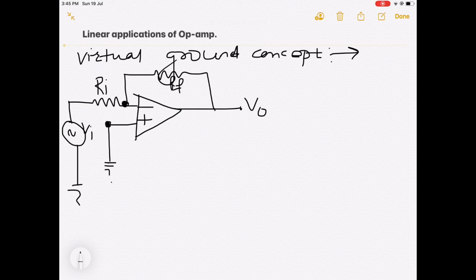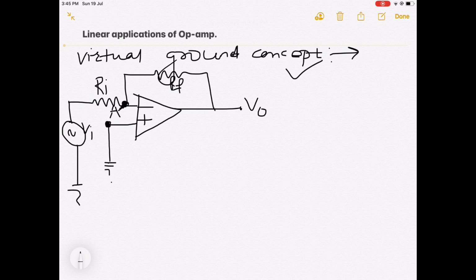By virtual ground concept, the potential of these 2 points are the same. That means, this non-inverting terminal is grounded and this potential, suppose at point A, is also considered at 0 potential by virtual ground concept. So, why does this happen?